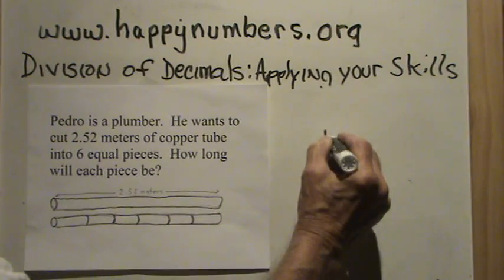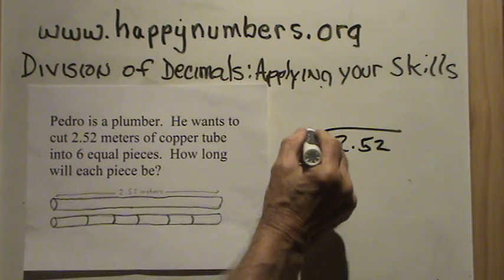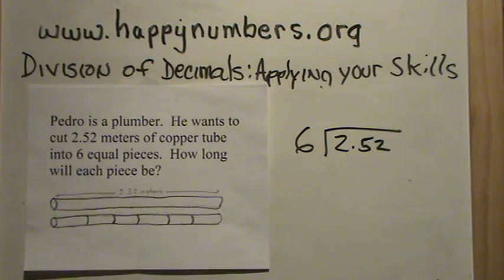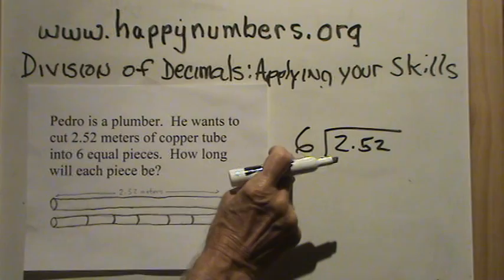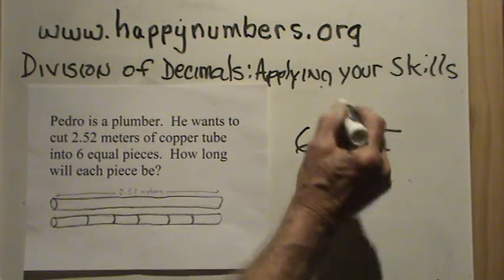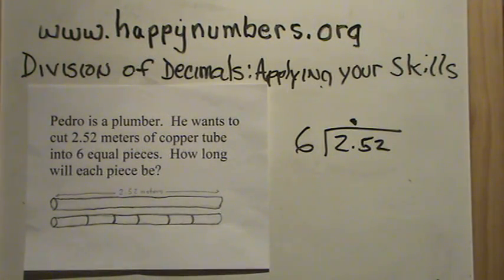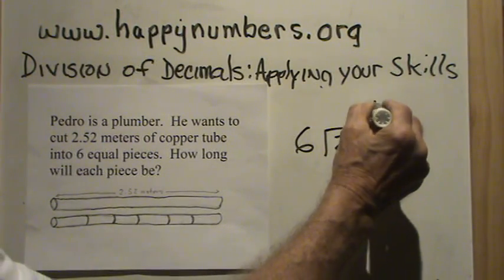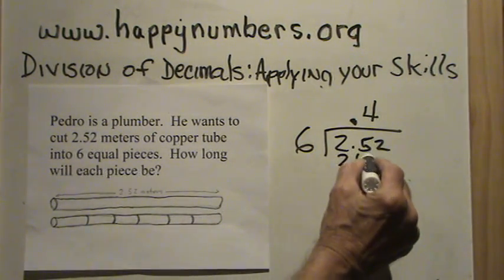We're going to divide 252 hundredths by 6, and that will tell us what each one of these pieces will be. Well, we're dividing a decimal by a whole number, so we know this is a whole number, so we don't move anything, so we just do the division, put our decimal point here. 6 goes into 2, it cannot, it's too big, but 6 can go into 25. 6 can go into 25 4 times. 4 times 6, 24.